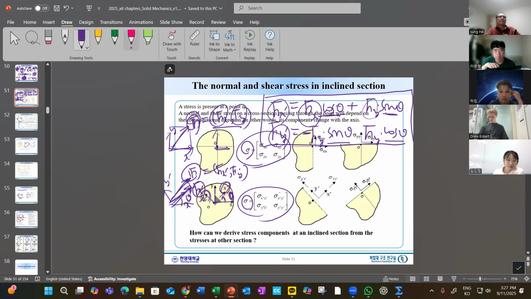Very much the same. Here we have a sigma. Now it's no longer a vector. We have a matrix, 4 components. And same here, we have the same stress, but a different coordinate system. Now here the definition of the coordinate is the cutting plane. We can have 4 different components. Now, very similar to here, this component should be represented by these components as a function of theta.